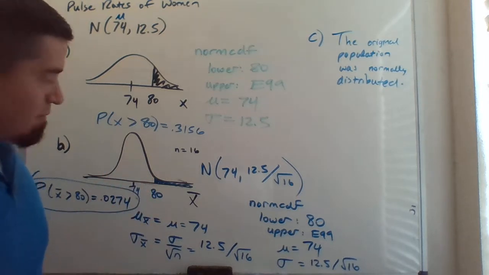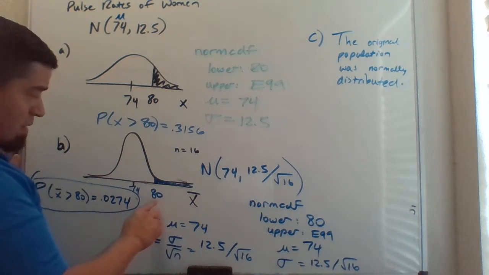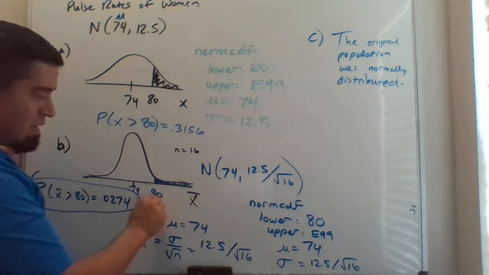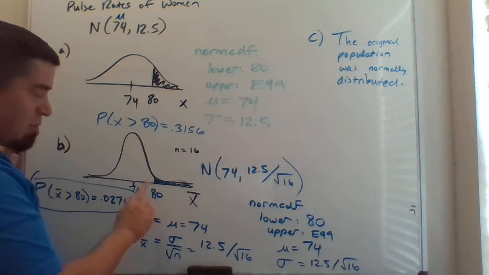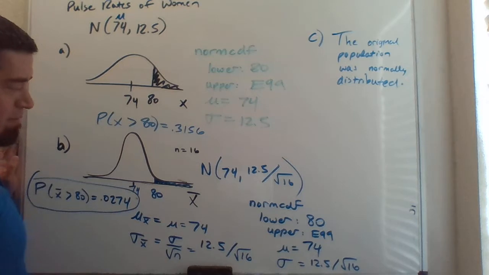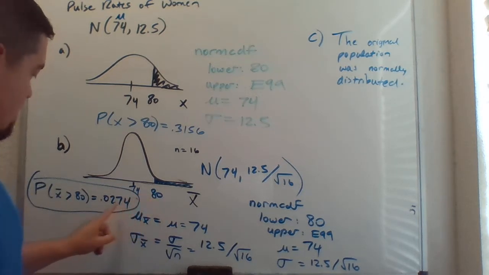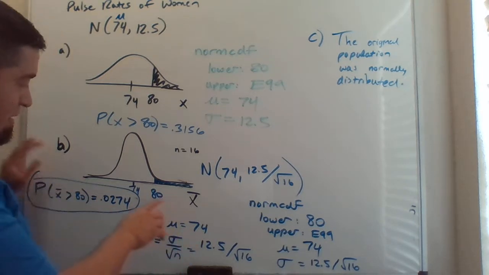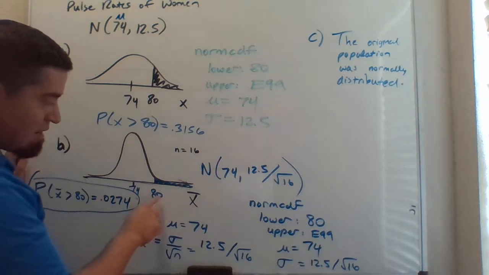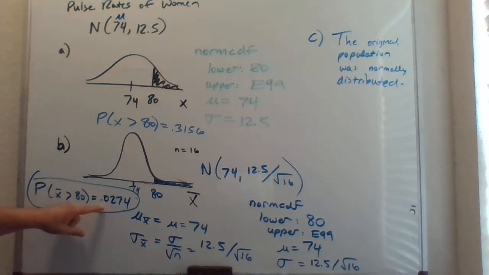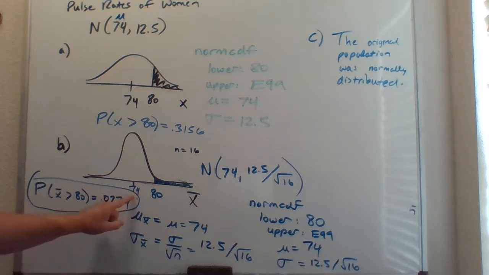You might think, well, that's not that far off, but if it happened to be 80 in some study for 16 women randomly selected, that would challenge the fact that we think it's 74. Why? Because it's such a small chance, less than 5%, right? It's such a small chance that you'll get 80 or more for groups of 16 women randomly selected that I'm going to start to question whether the original is true or not.